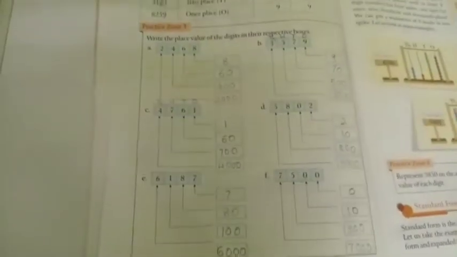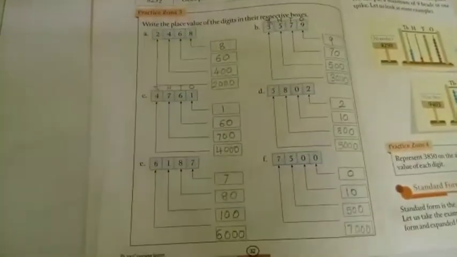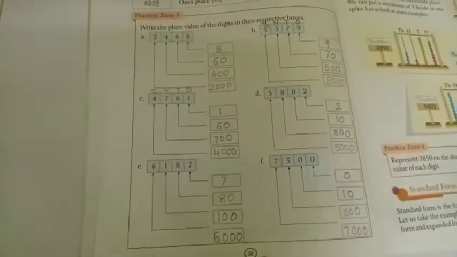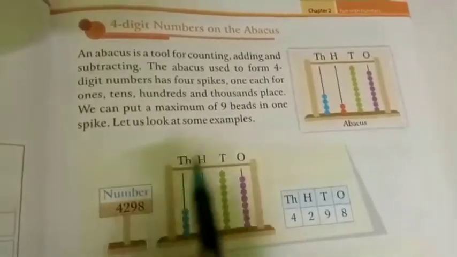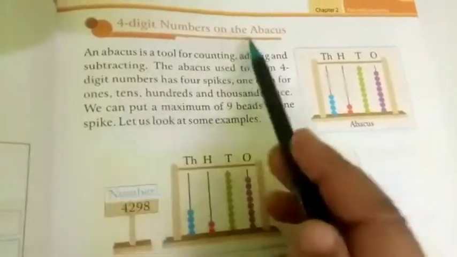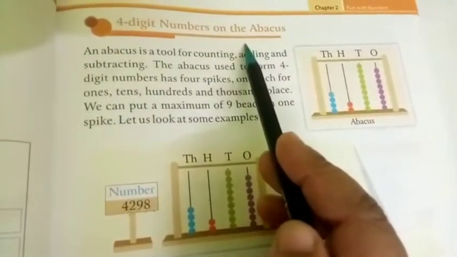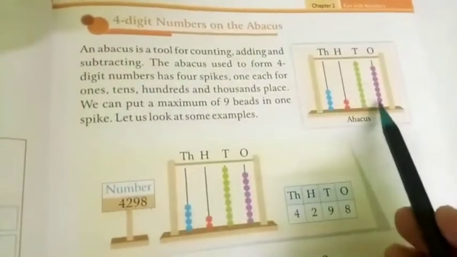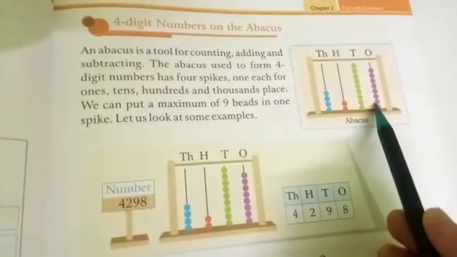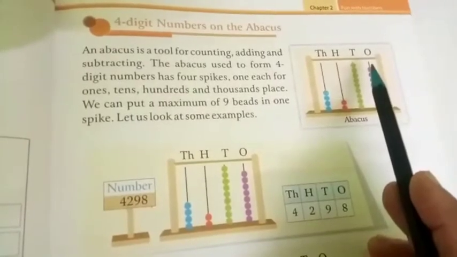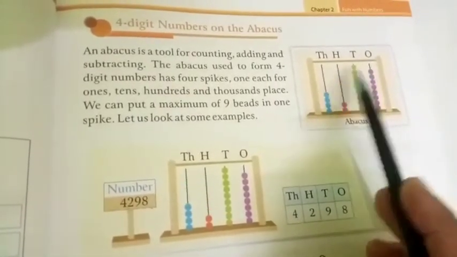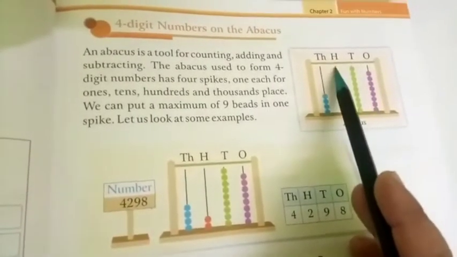So like this you have to solve these problems. Now on page number 33, 4-digit numbers on the abacus. So you know this is known as abacus. Previously we have seen abacus of 3-digit numbers, ones, tens and hundreds.